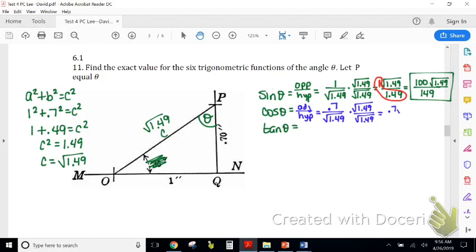So we have 0.7 square root of 1.49 over 1.49. Again, can't have the decimals. So put that in your calculator and it tells you 70 over 149, but don't forget you have that square root on top.